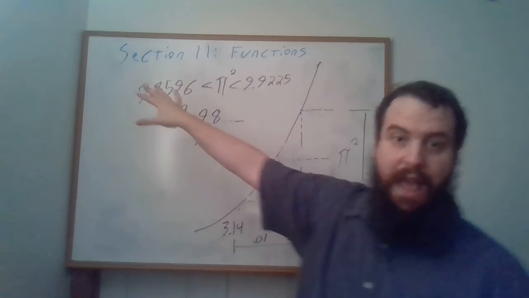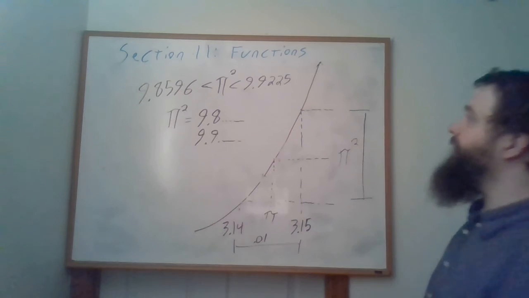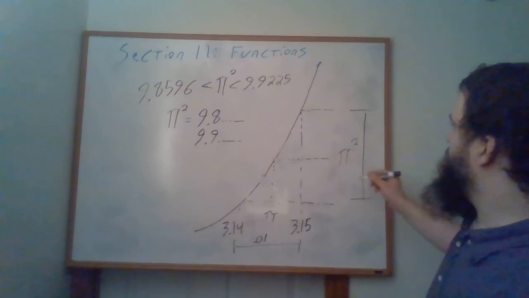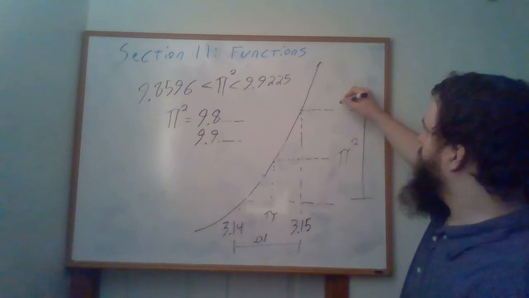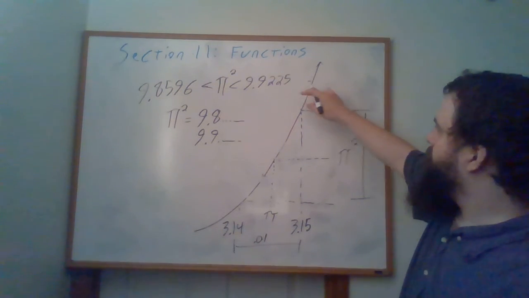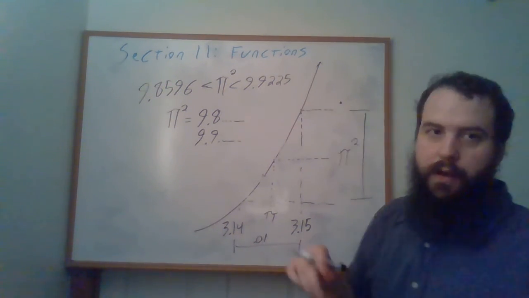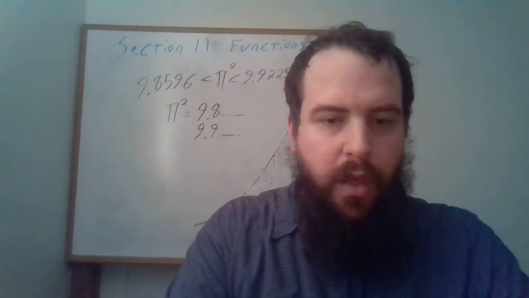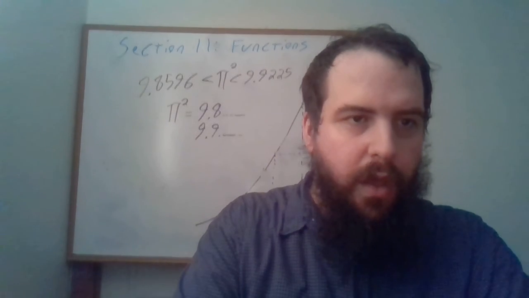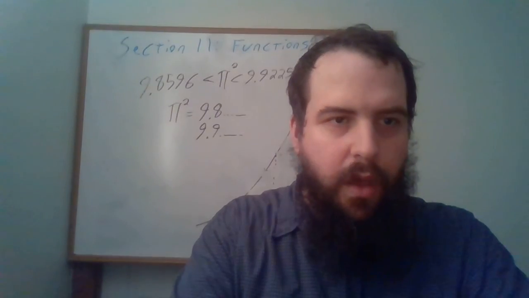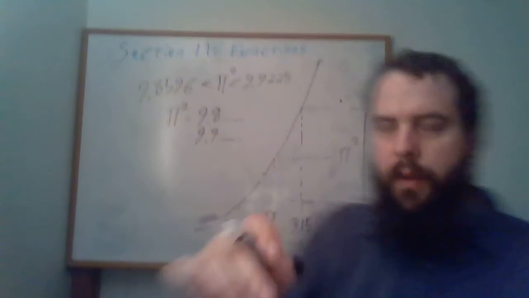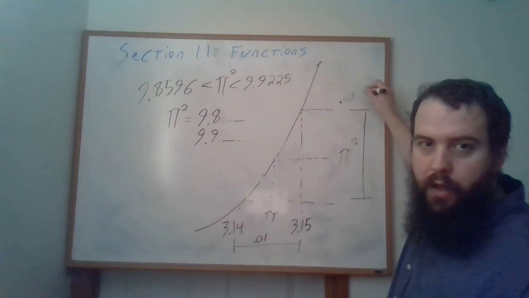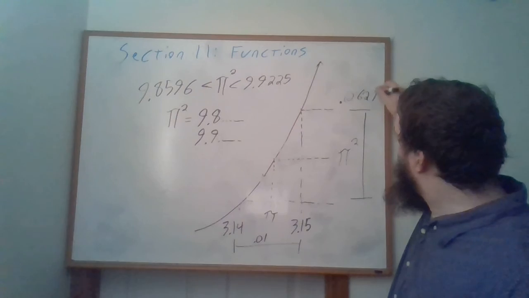That's the thing that we calculated from before. And the difference there is going to be, let's do this calculation, let's see, well, let's just subtract those. This distance here is 0.0629.